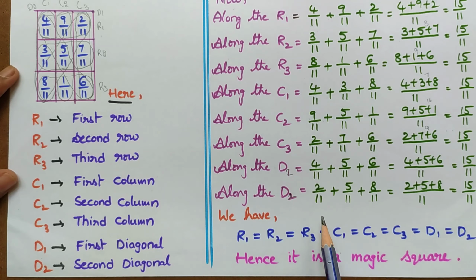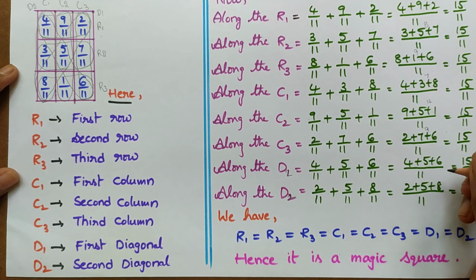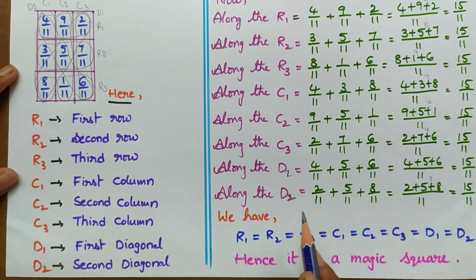These are like fractions, so the denominator should be 11, and 2 plus 5 plus 8 is 15, because 2 plus 5 is 7 and 7 plus 8 is 15. So along the D1, the first diagonal, it is 15 by 11.